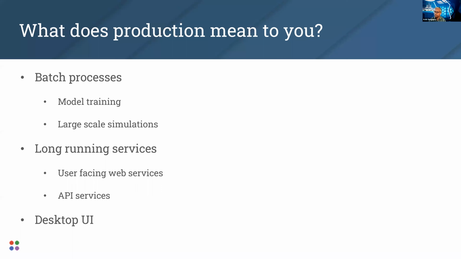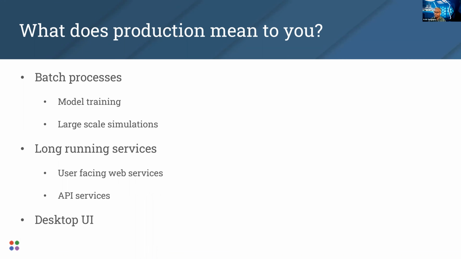Right? So the first point I want to make today is that production means different things to different people. To some, production is a batch process. So you're training a large model, you start and you end after a few hours, and then you're done. You get your results, and that's it.